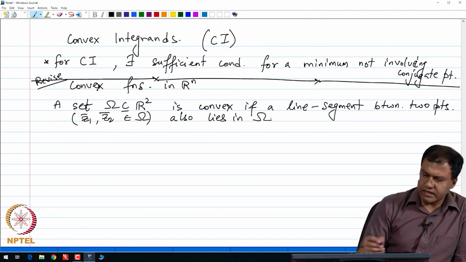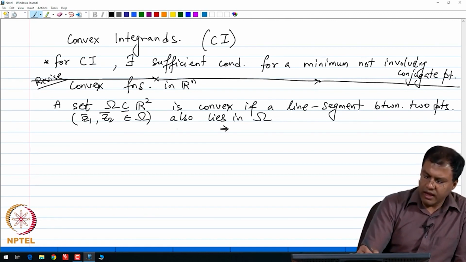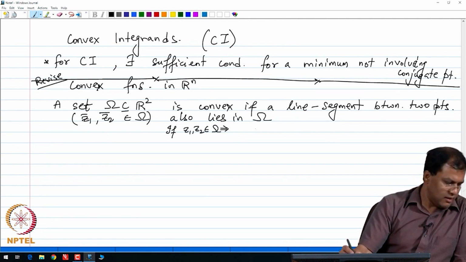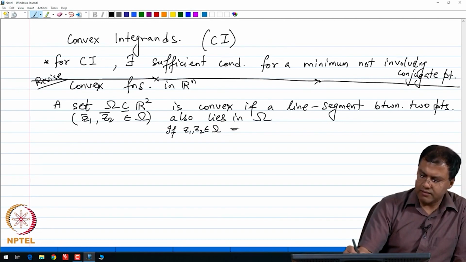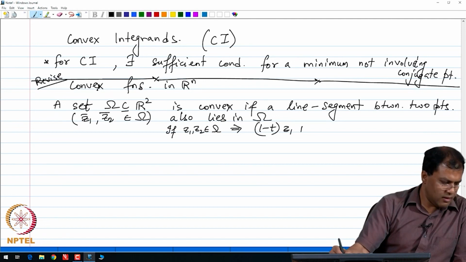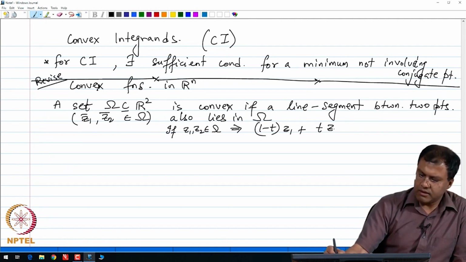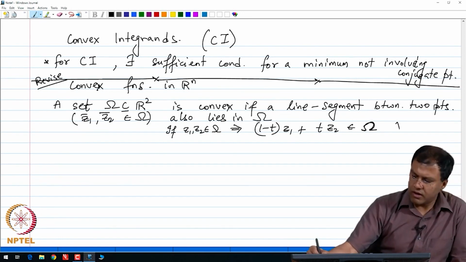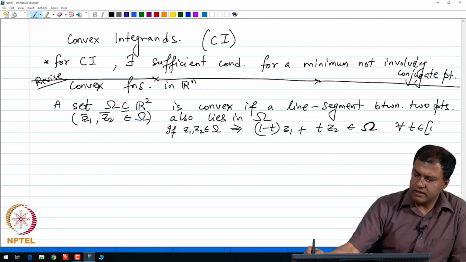What I just said is the following: if the points Z1 and Z2 are in omega, then 1 minus t times Z1 plus t times Z2 is also in omega, for all t in 0 to 1.